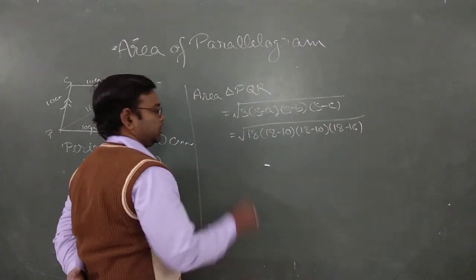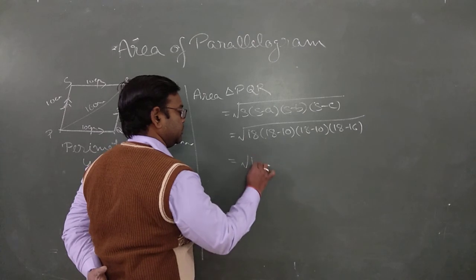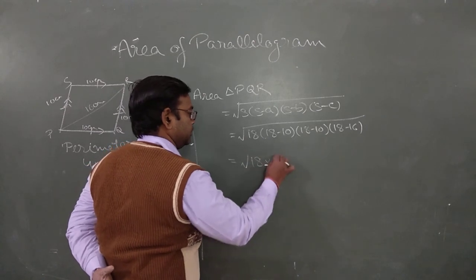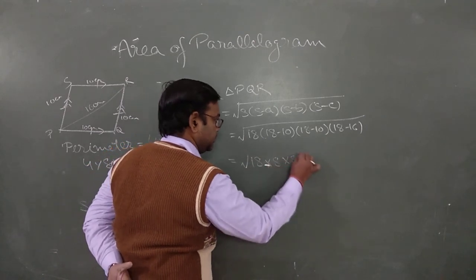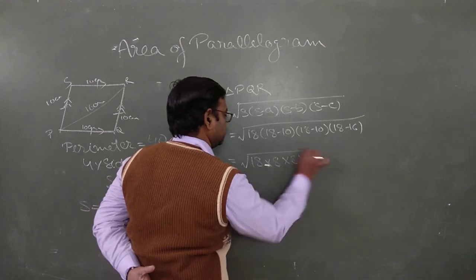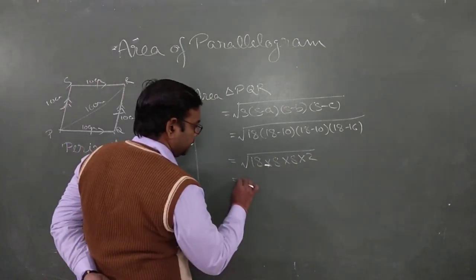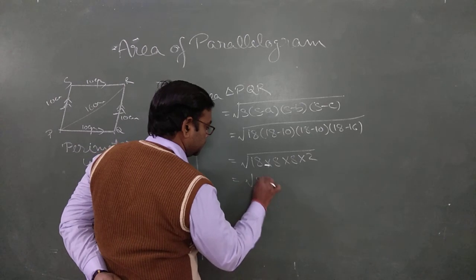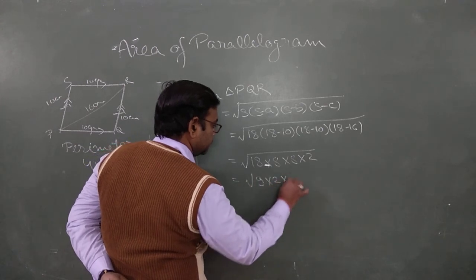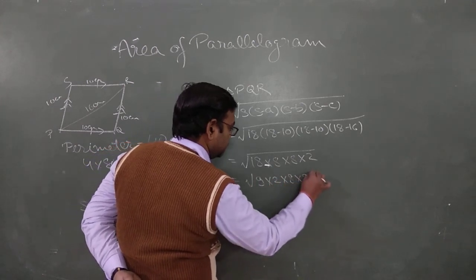Clear? Now you can solve it by yourself. 8 into 2. Clear? So here we can find out under root 9 into 8 into 8 into 2.